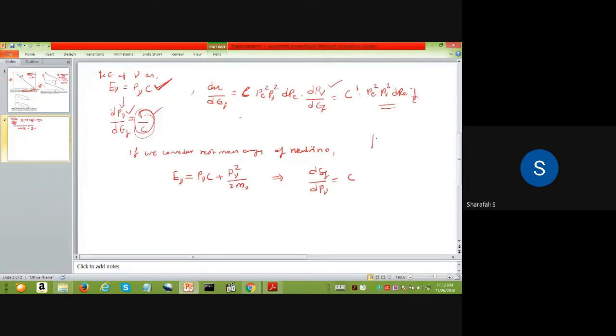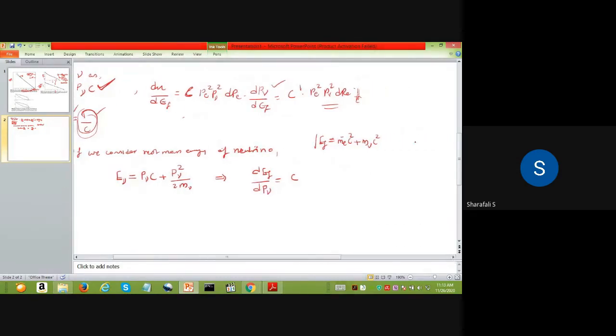So E_f is the final state energy that will be associated with M_e c squared. That is the energy associated with the rest mass energy of the neutrino, M_nu c squared. Then we have the kinetic energy of electron, E_e, plus the rest mass energy.